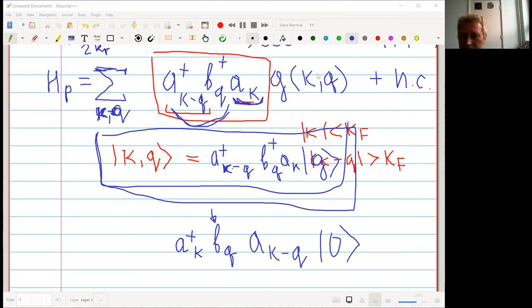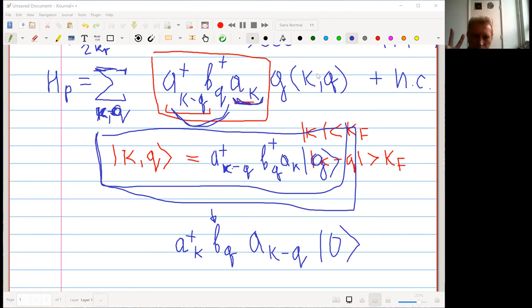Yes, indeed. Q is related to boson momentum and K to fermion momentum. We have two independent momenta in the problem. You could take any names. You could write Q for bosons and K for fermions.